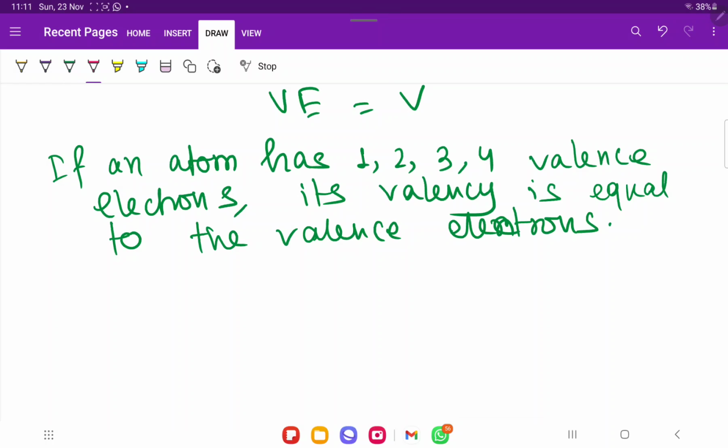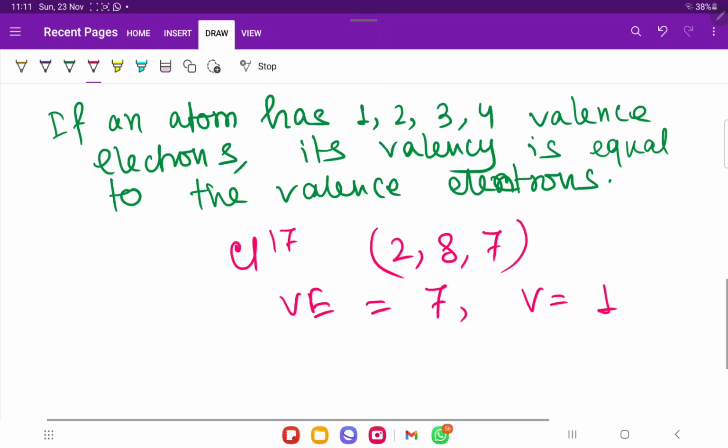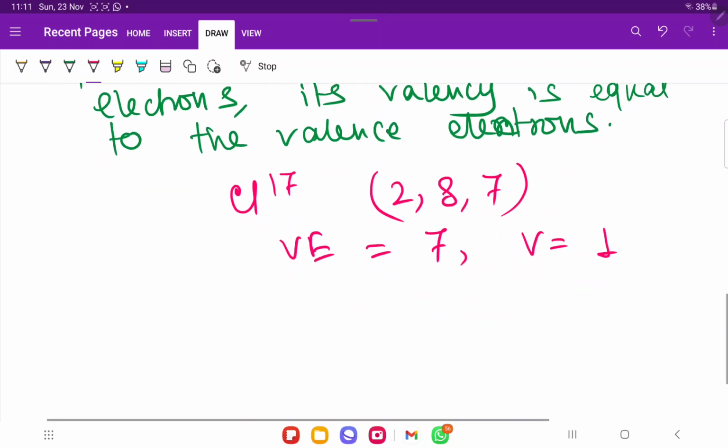Let's say chlorine. Chlorine has 17 electrons, so the electronic configuration will be 2, 8 and 7. Now the valence electron is the number of electrons present in the outermost orbital, so here it is 7. But what will be the valency? Valency is 1, because chlorine needs only 1 electron to get the inert gas like stability.